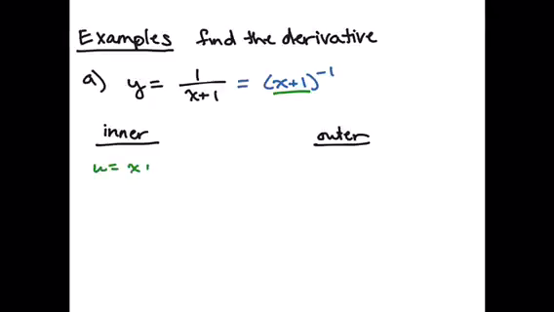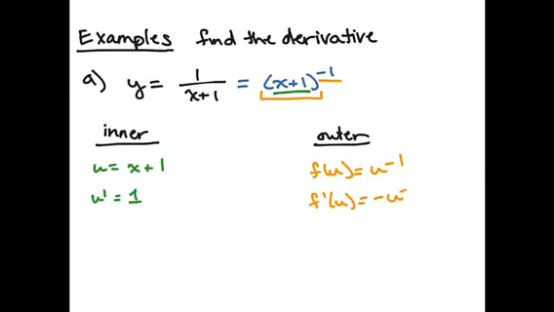So we'll let u equal x plus 1, then u prime would just be 1, and my outer function would be u to the negative 1, and its derivative would be negative u to the negative 2.